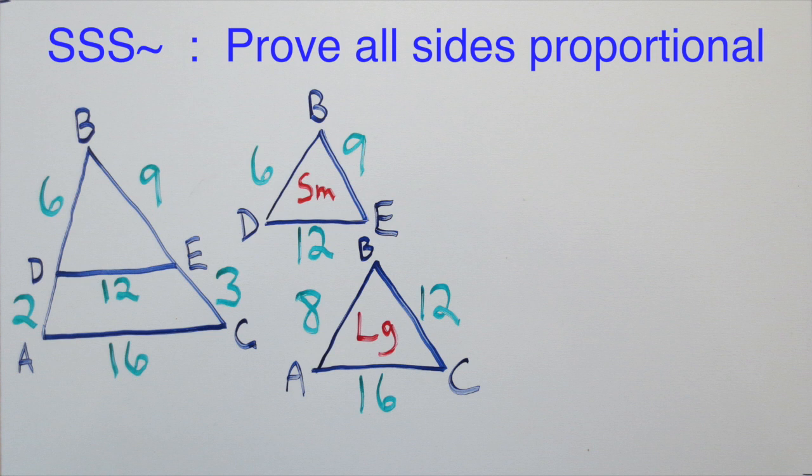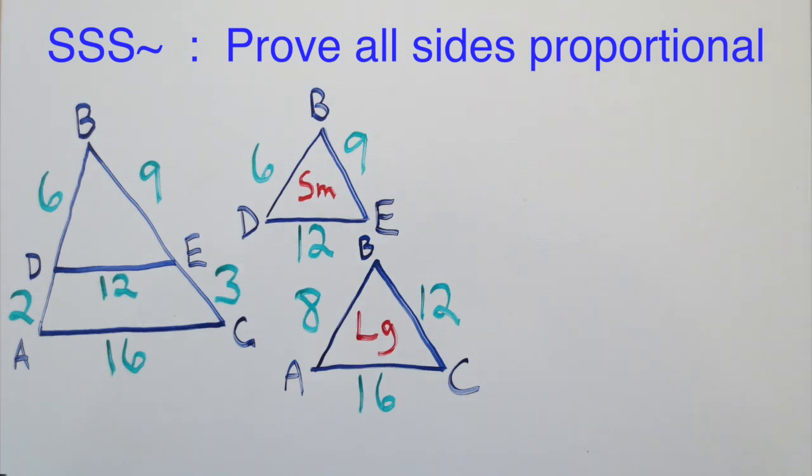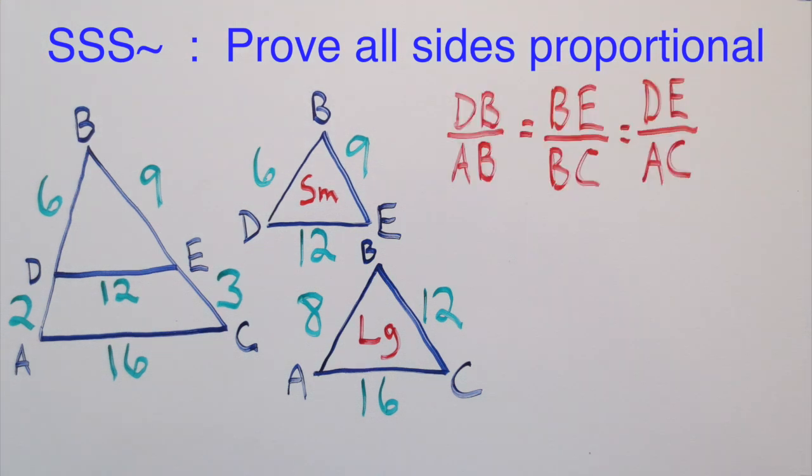Alright, so next up, we can start proving that we've got side-side-side similarity. So let's match up our sides in a proportion. So we've got DB over AB is equal to BE over BC, which is equal to DE over AC.